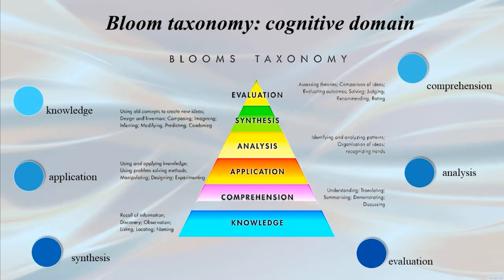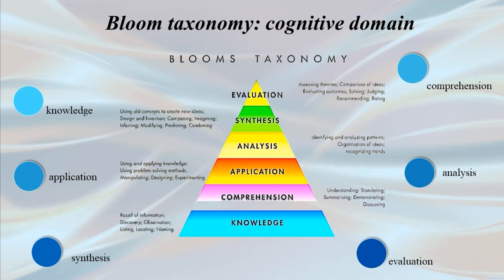So Bloom classified cognitive learning in 6 major categories, including knowledge, comprehension, application, analysis, synthesis, and evaluation. This taxonomy shows learning objectives as classified in a hierarchical fashion from the lowest, which is knowledge, to the highest, which is evaluation.